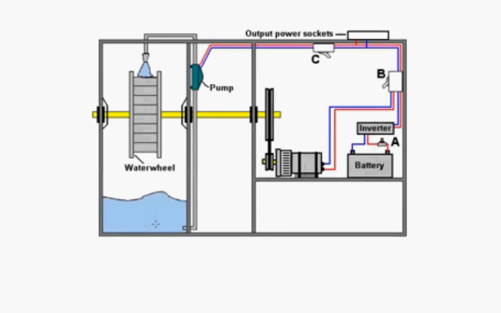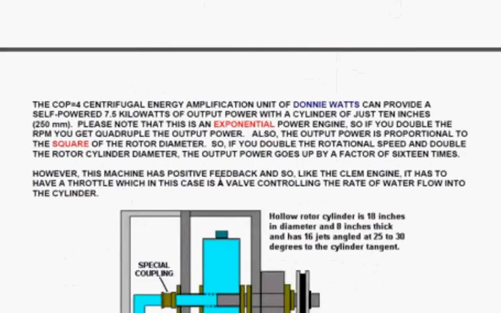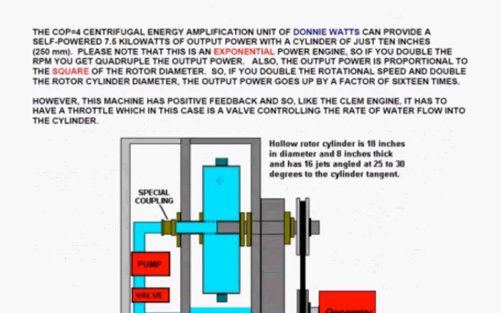The pump takes water from the sump, pushes it powerfully onto a rotating wheel, and then there's a drive to generator. And when the system gets going, you flip the switch here marked B, and the system powers itself. Now that's very straightforward, and it works well.